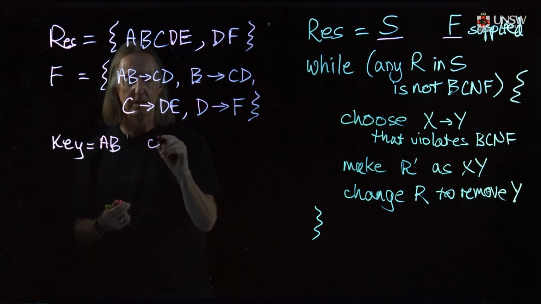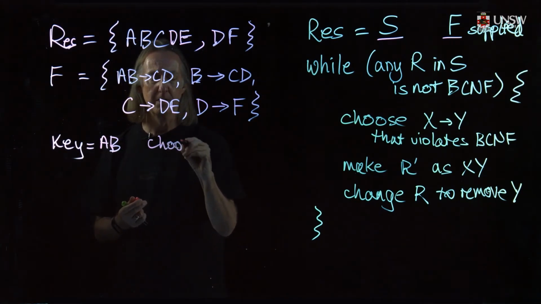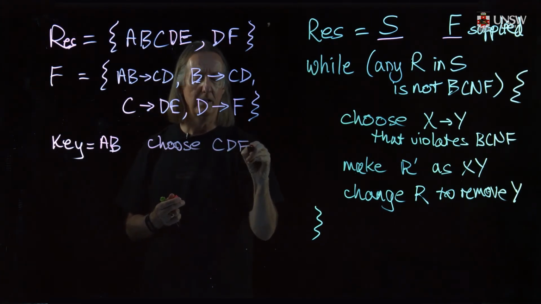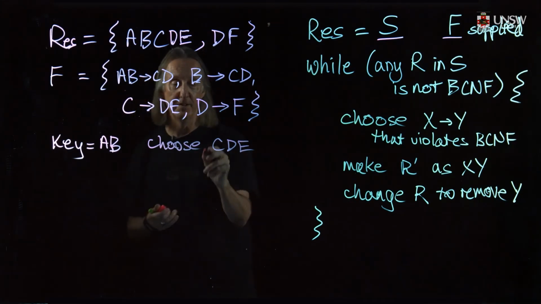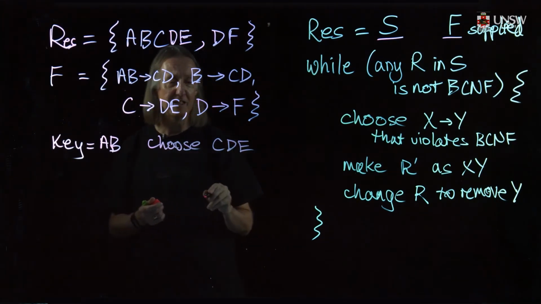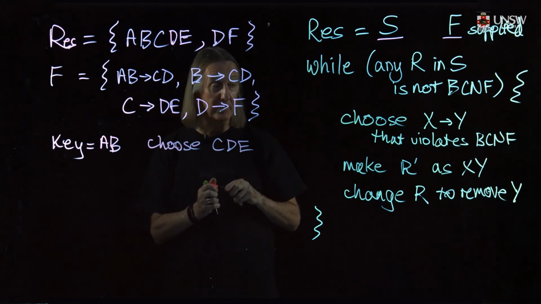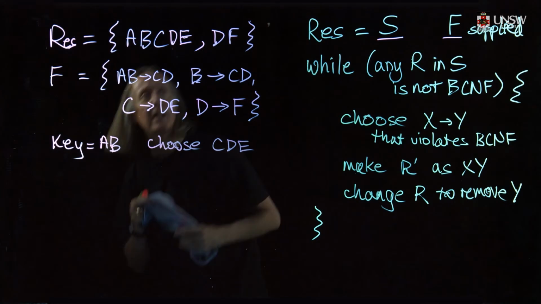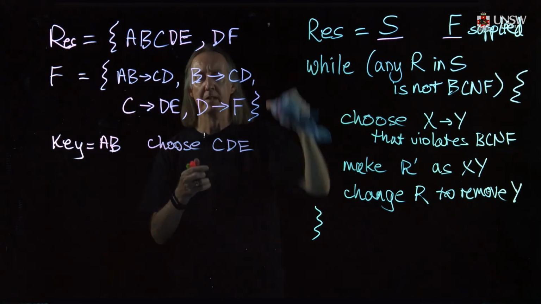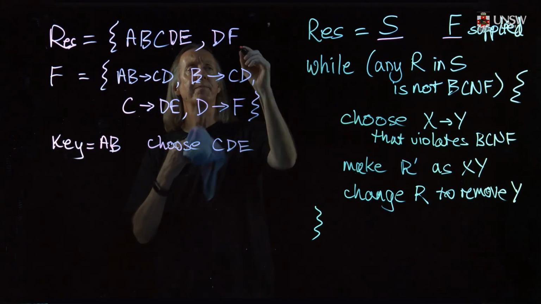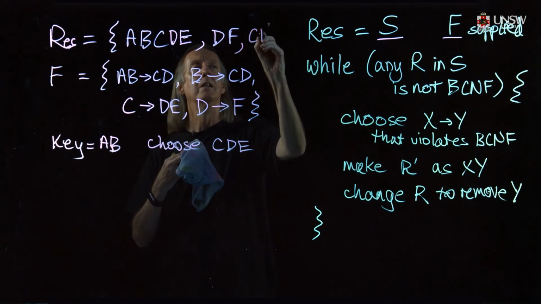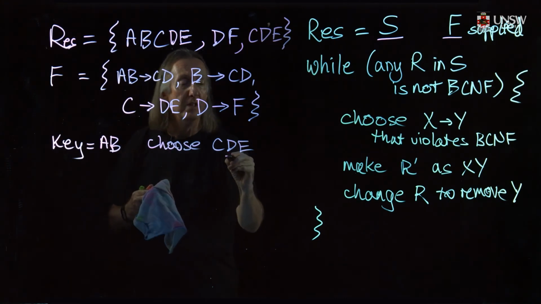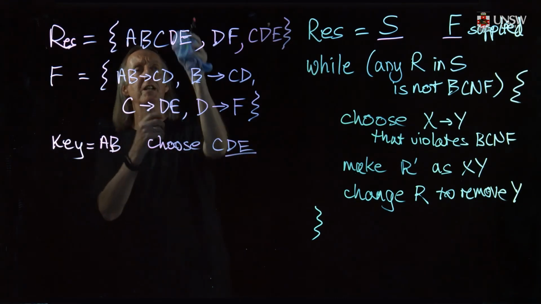So we're going to choose the dependency C goes to DE. All right, so part of the deal is, given that dependency, we make a table that contains just those attributes. And then we remove these two attributes from this table here.